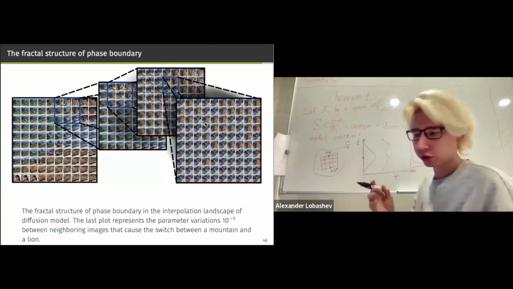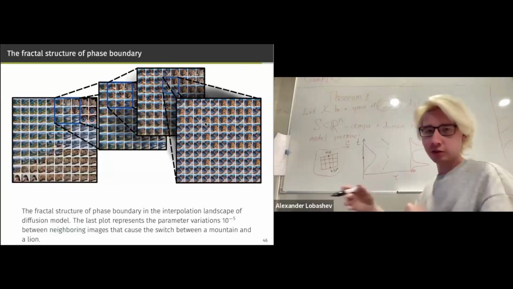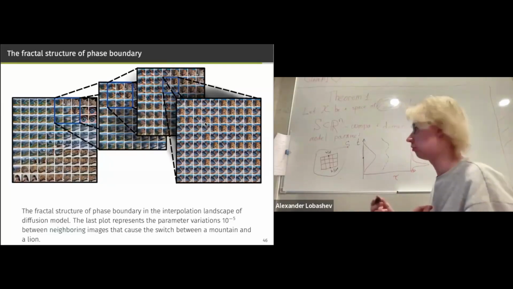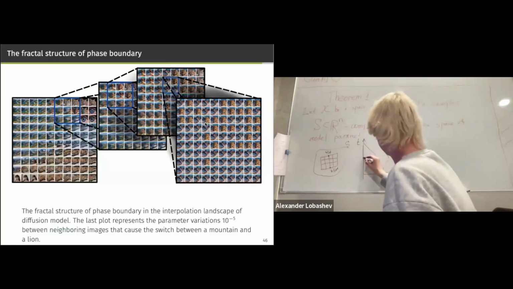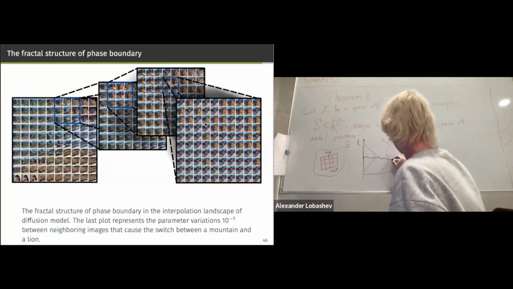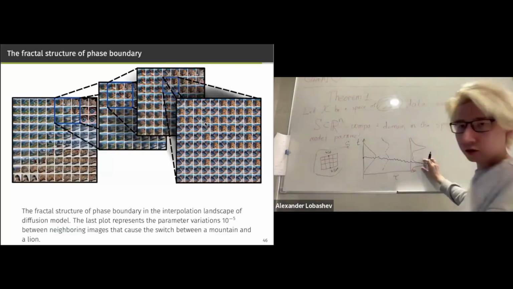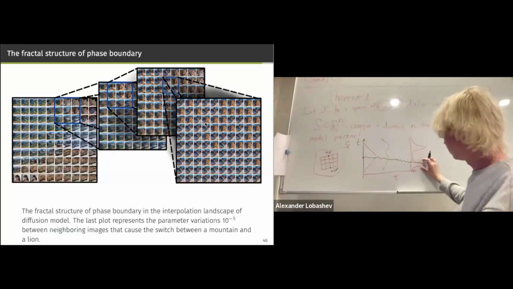In a diffusion model, you can control the stochasticity of your sampling, and assume that we have an almost deterministic sampling. So we have a trajectory which goes something like this and ends up in the second mode.